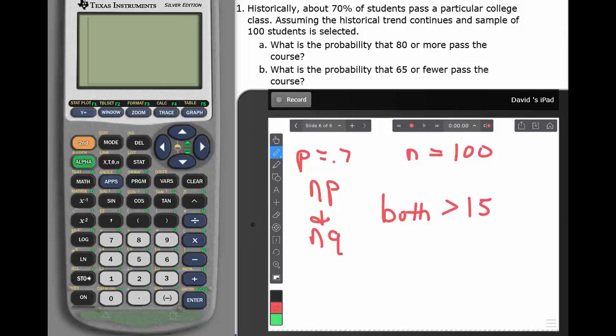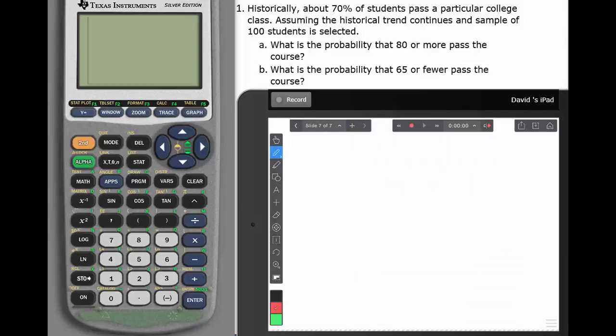But n times p is 100 times 0.7, which is 70, and n times q, remember q is just 1 minus p. If 0.7 is the probability of success, then 0.3 is the probability of failure, or not making it through the course in this case. And both of those are greater than 15. So that means that we can say that the binomial distribution actually follows a bell curve.